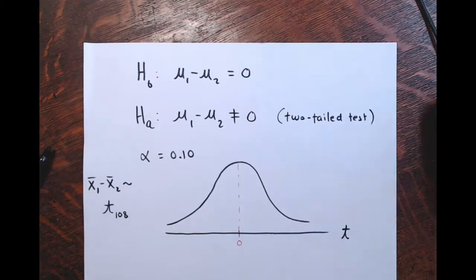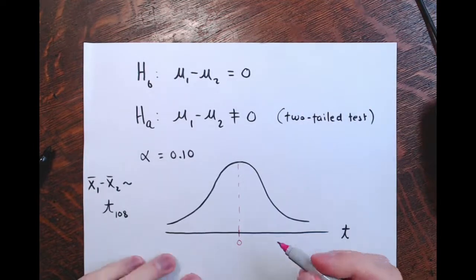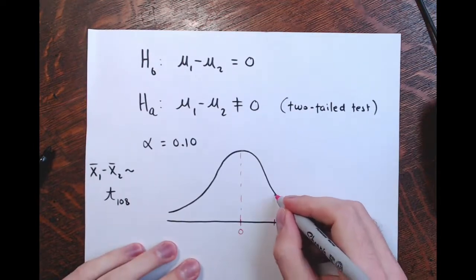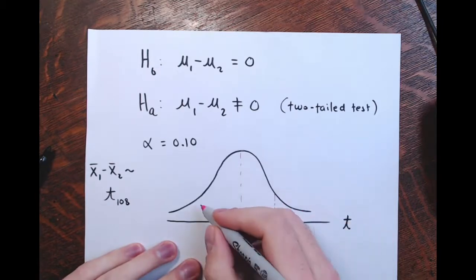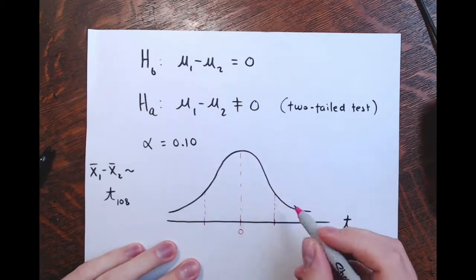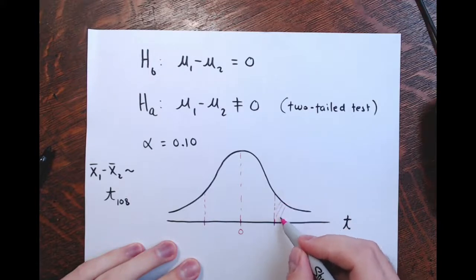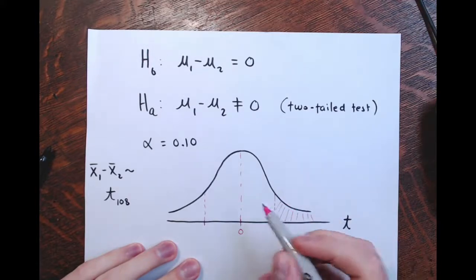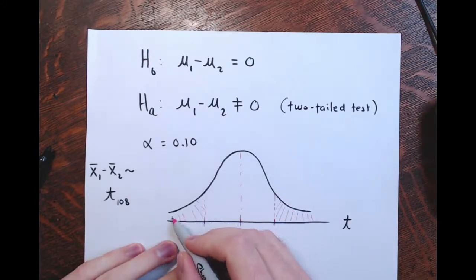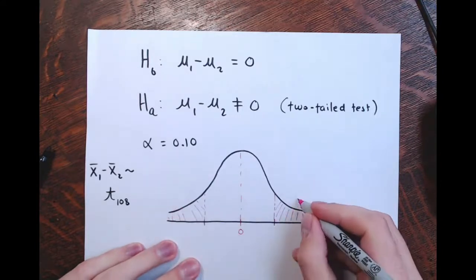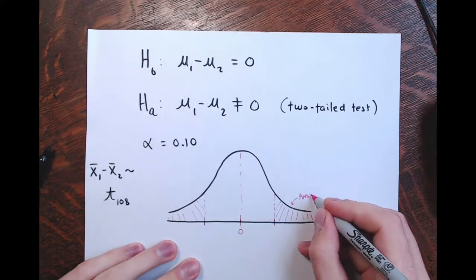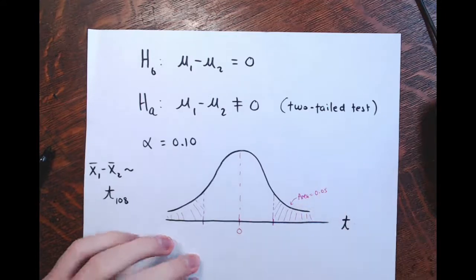And then the critical values, right? They gave us the critical values. One in the right tail, one in the left tail, so that the area of the right tail and the area of the left tail add up to 10%. So this area over here is 5%, 0.05.